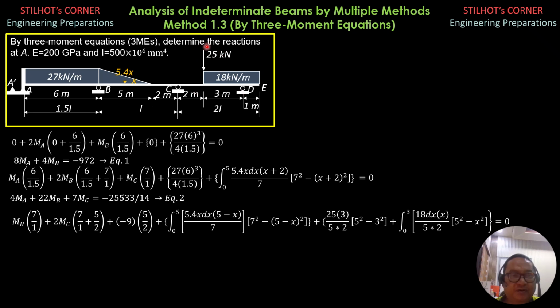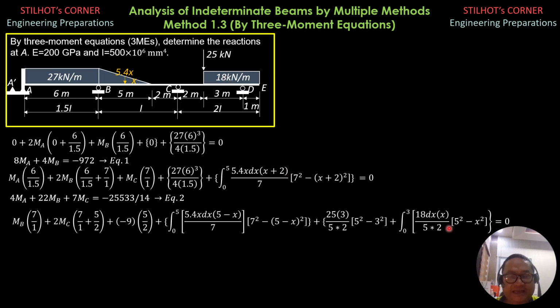So for the 25 kilonewton load, 25 times b, 25 times 3 over L over I. So 25 times 3 over 5 times 2, where 2 is the relative moment of inertia. Quantity 5 square minus b square. Then for the integral, imagine that x is from the strip to D, that's x, so that's b also.